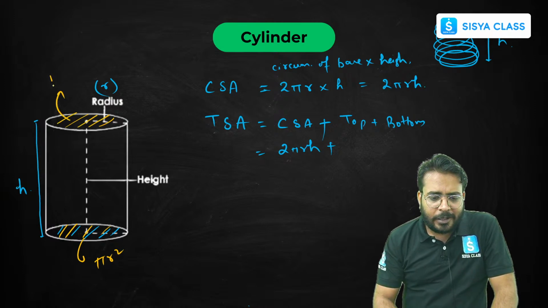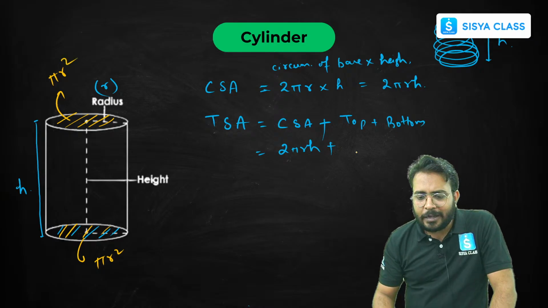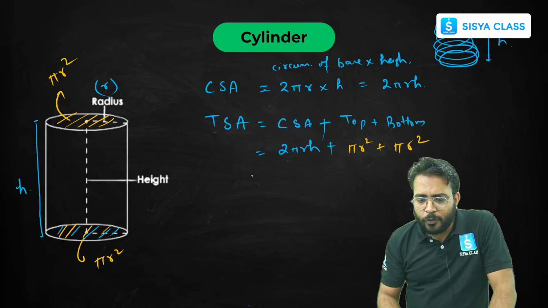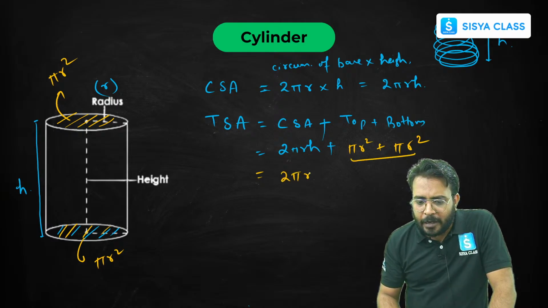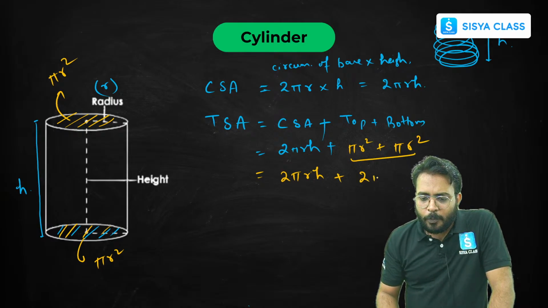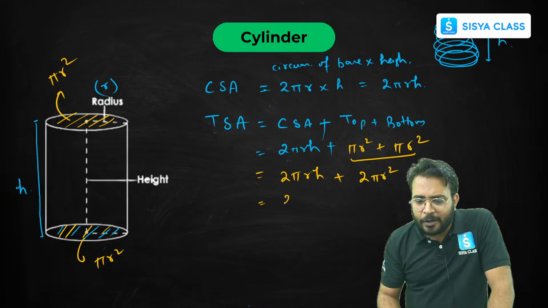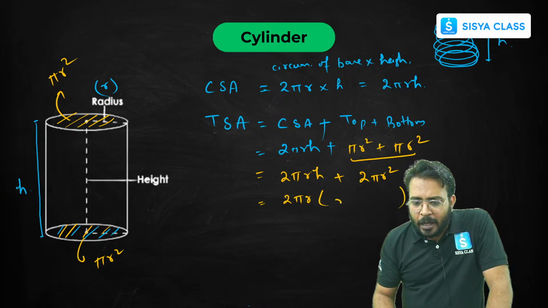Area of a circle is pi r square, yes or no? So I can write pi r square plus pi r square, and adding them, it is going to be 2 pi r h plus 2 pi r square. If I take 2 pi r common, it is going to be 2 pi r into (r plus h).